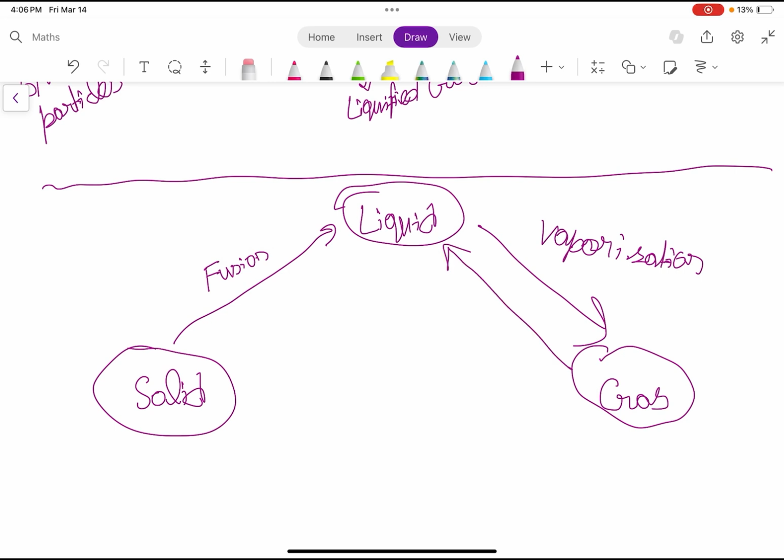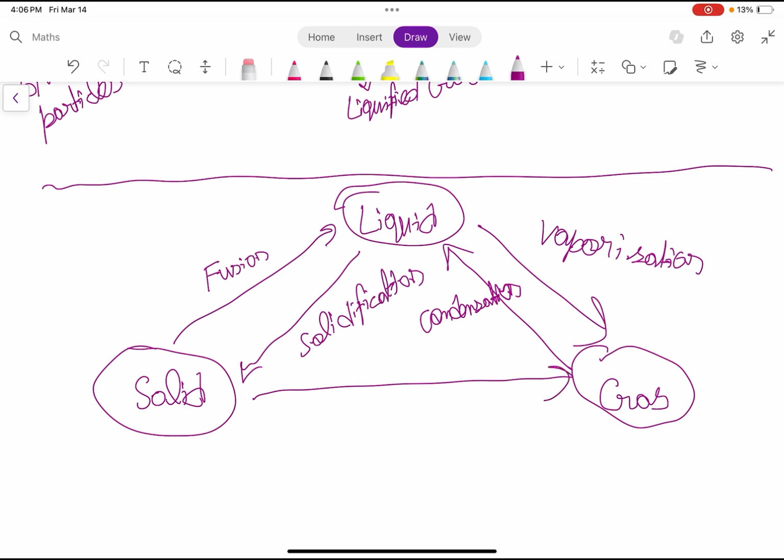This is called condensation. And this is called solidification. This is called sublimation, and this is called deposition.